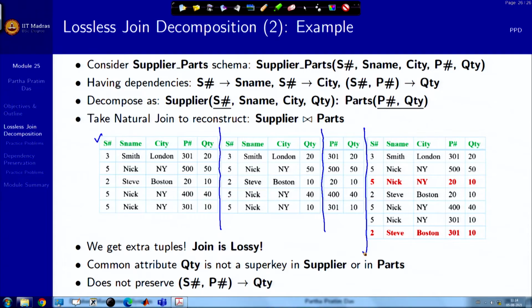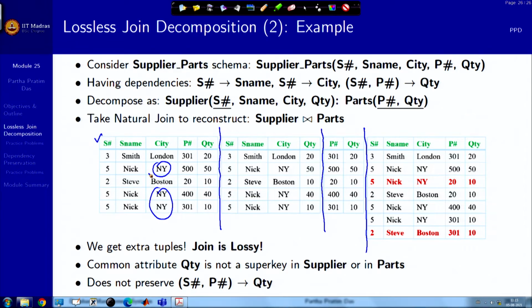So, this is the original relation, an instance, and naturally this will have possible redundancies here. For example, Nick's city is occurring multiple times and so on.